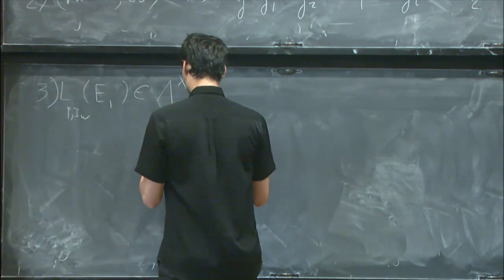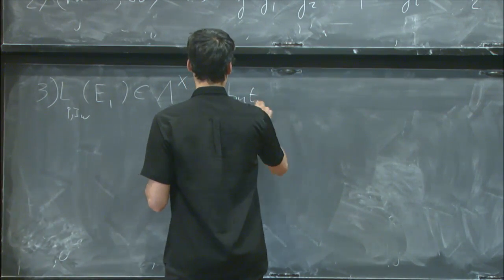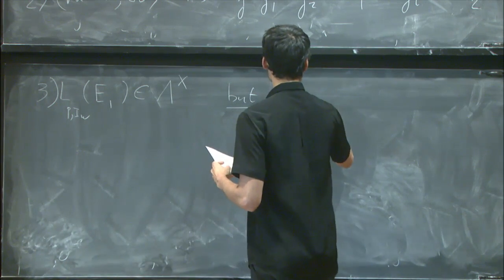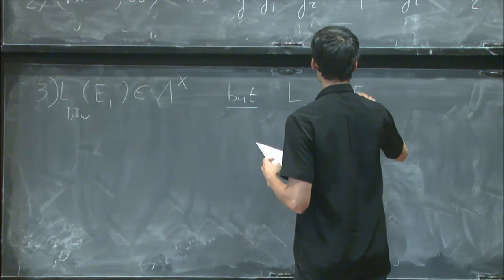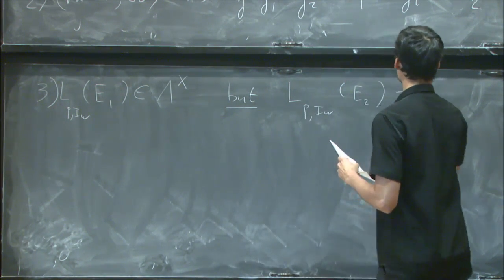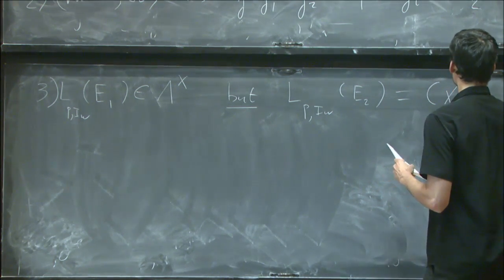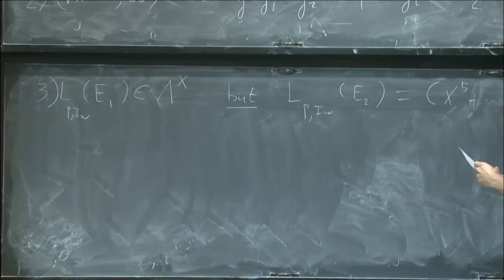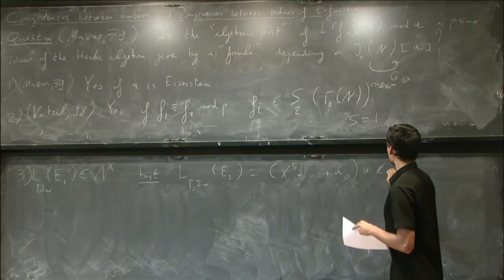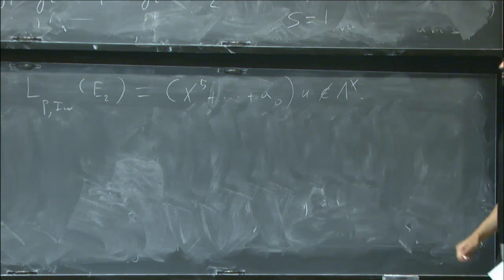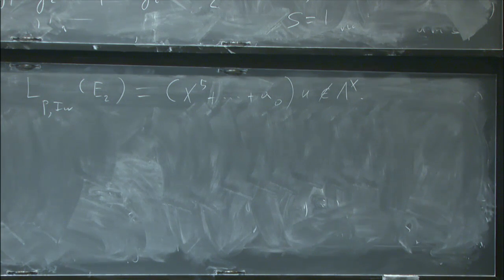Whereas the p-adic L function of E2, if you write it down in Weierstrass preparation theorem form, there is a distinguished polynomial of degree 5 and then a unit. But anyway, it's not a unit in lambda, even though E1 and E2 are congruent.